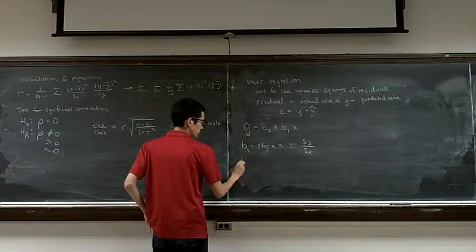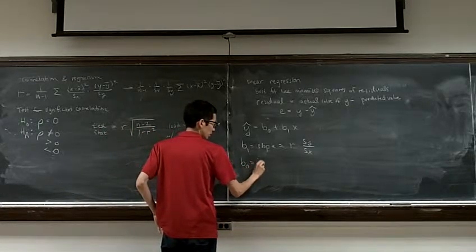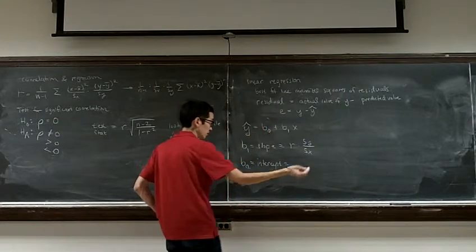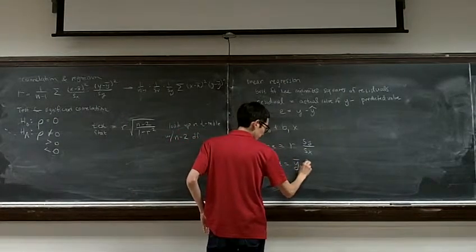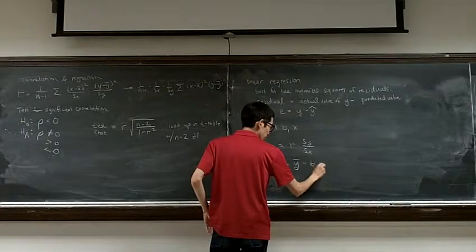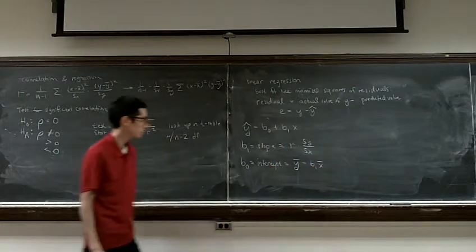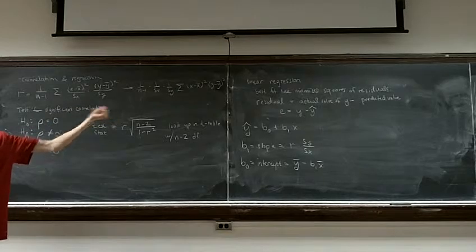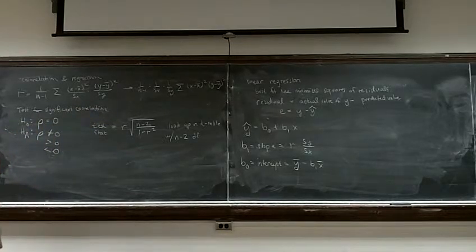And v0 is our intercept, and that is y bar minus the slope times x bar. Once you have that, you can plug in values for x to get what you would predict y to be.